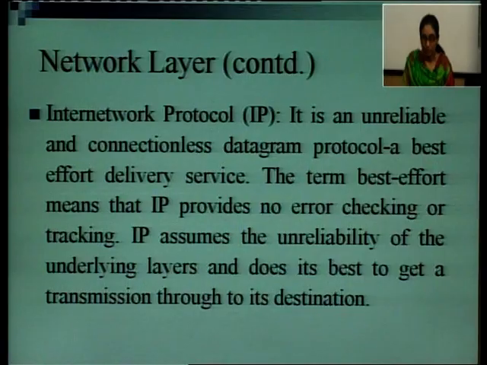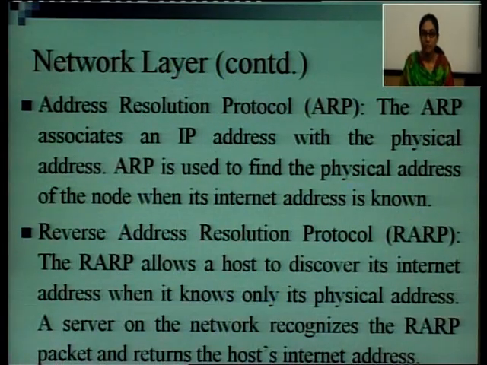For this routing purpose, we use some supporting protocols. The first protocol supported by IP is Address Resolution Protocol. Address Resolution Protocol associates an IP address with the physical address. It is used to find the physical address of a node when we know the IP address of that node.